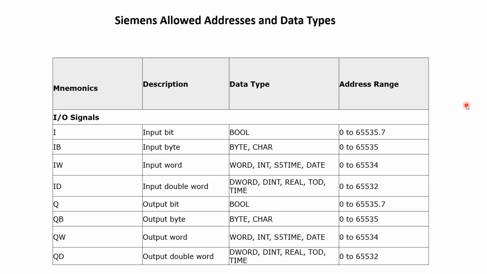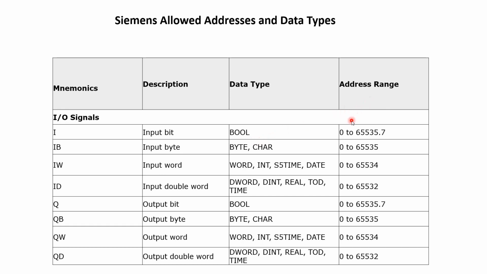So that talks to data type. Here you also have the description, data type, and address range. Let's do the first one, your I. The I denotes input, so this is an input bit. The data type is bool, which talks to whether that input bit is true or false, 1 or 0.